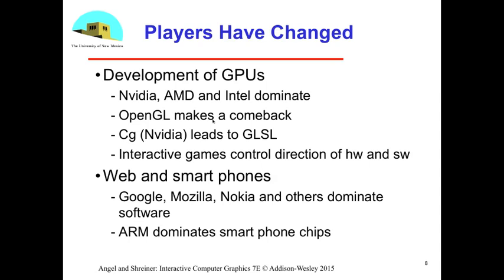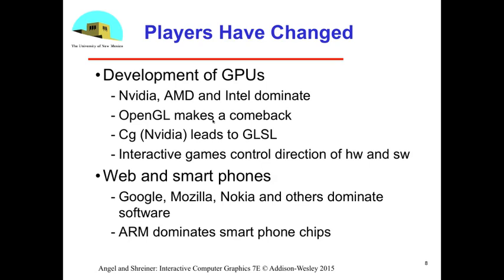Another aspect of this is that ARM, which is the company that designs, they don't produce the chips, they design virtually all the chips that go into smartphones worldwide. There was something recently, I saw a number, their designed chips are 1 billion a month going out, and your cell phone probably has 1, 2, or 3 of their chips.